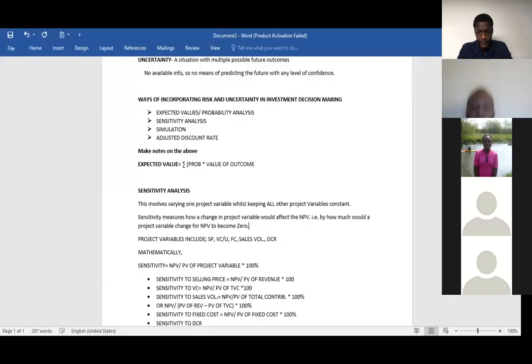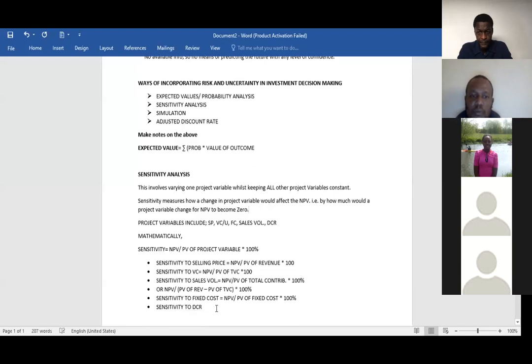How much will a project variable change for NPV to become 0? That's what sensitivity is measuring. That's the question that sensitivity is asking: by how much will the project variable change for NPV to become 0?